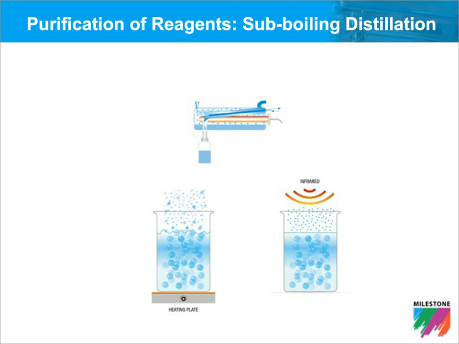The easy and practical purification of acids by sub-boiling distillation is also a critical need. In this procedure, acid reagent is distilled in a temperature below its boiling point, and the vapor gradually formed is condensed in a quartz condenser and collected in a quartz container.